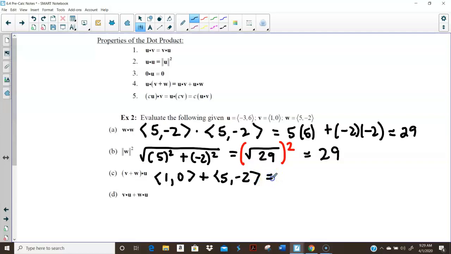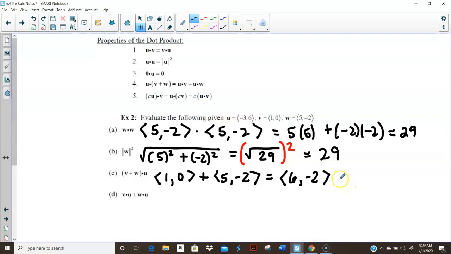That's going to give us a vector. We add the horizontal components together, 1 plus 5, which equals 6. Then we add the vertical components together, 0 plus -2, and that gives us -2.